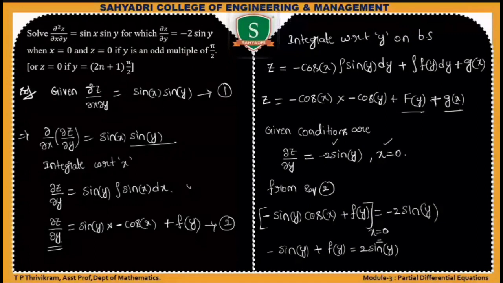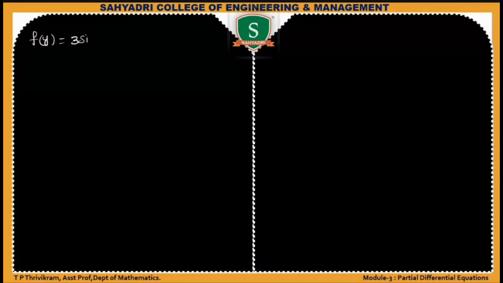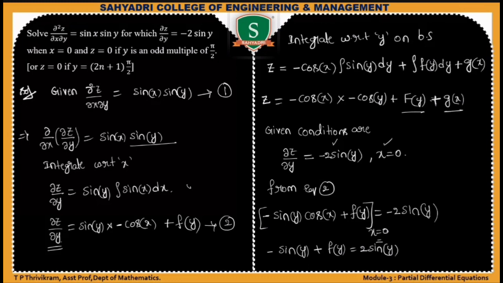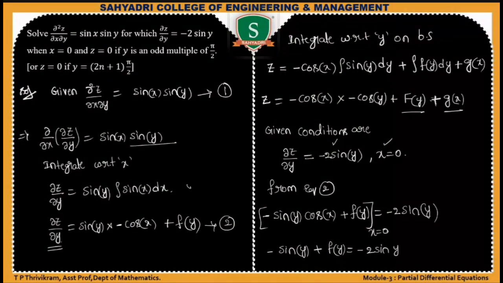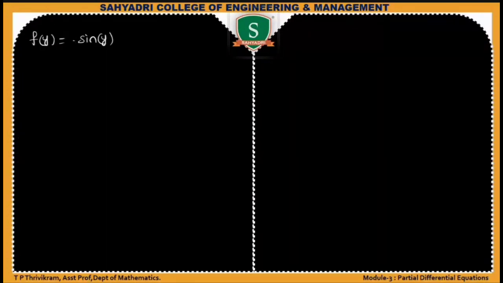Sorry, it is minus 2 sin y on the right hand side. So at that time you'll get minus sin y as your f of y.